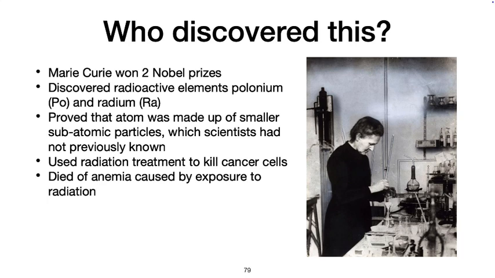So who was the primary discoverer of this? Marie Curie is pretty cool in this respect. She got two Nobel Prizes. I think she's one of two people now that have two Nobel Prizes. The other one is Pauling, I think. But hers are both in science, whereas Pauling's, I think, is chemistry and not science. I don't remember what his other one is, but not science. So she's pretty awesome.